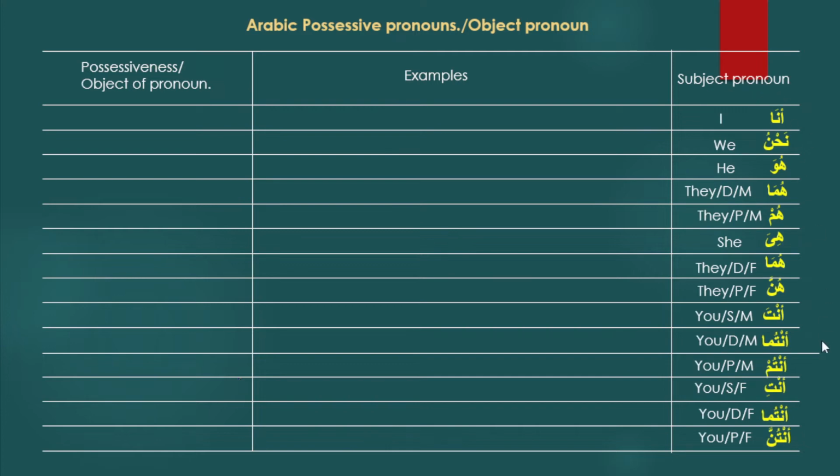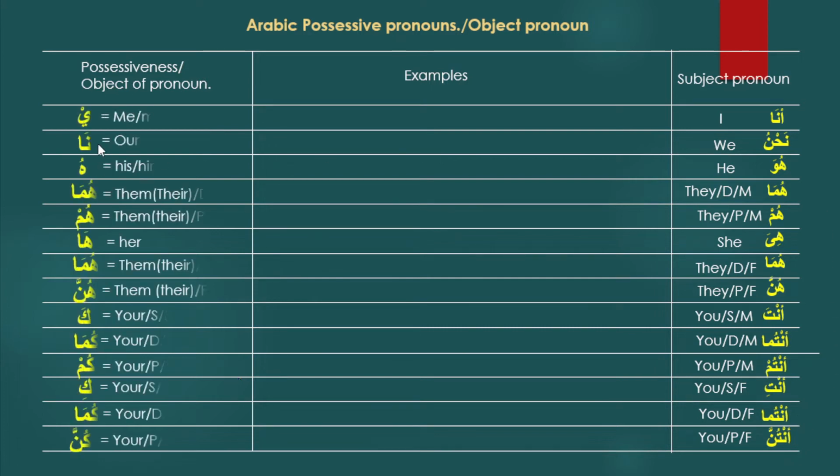This is all the subject pronouns: ana, nahnu, hua, huma, hum, hiya, huma, hunna, anta, antuma, antum, anti, antuma, antunna. And this is our object pronoun.